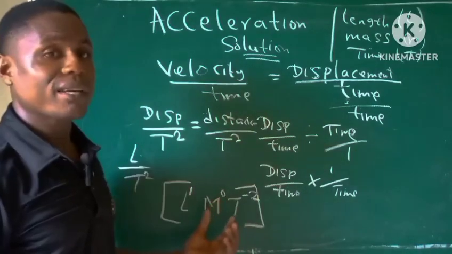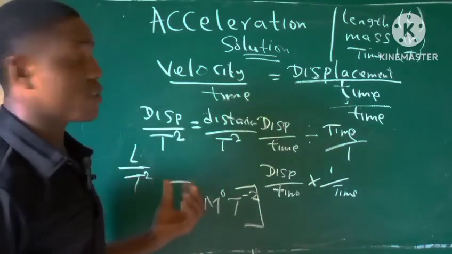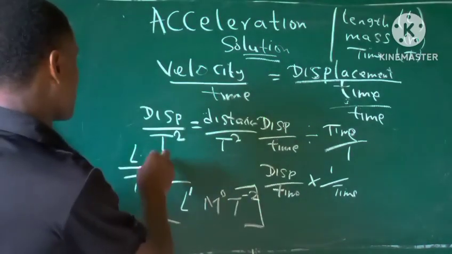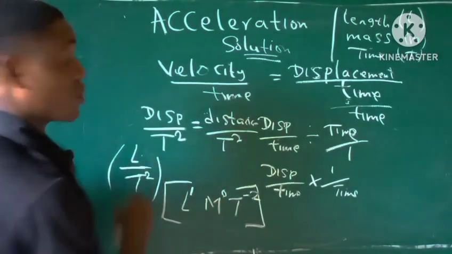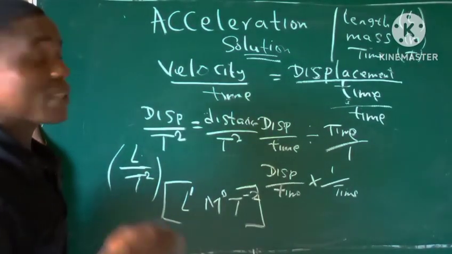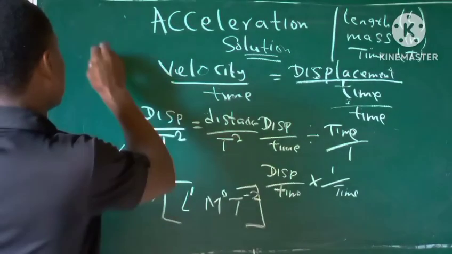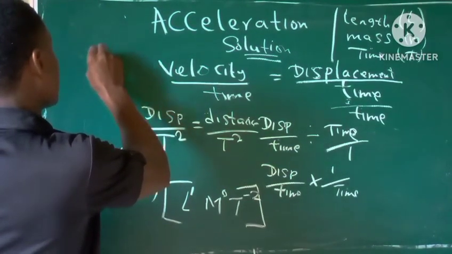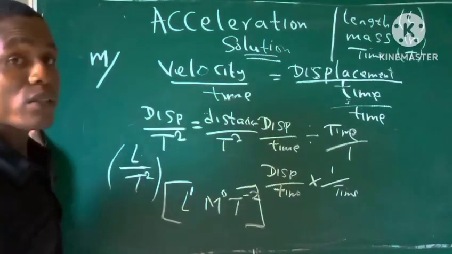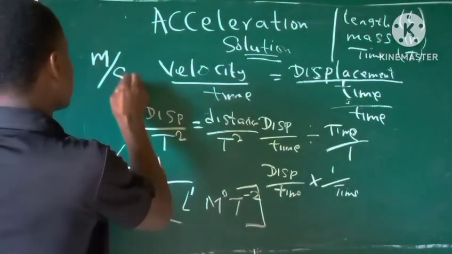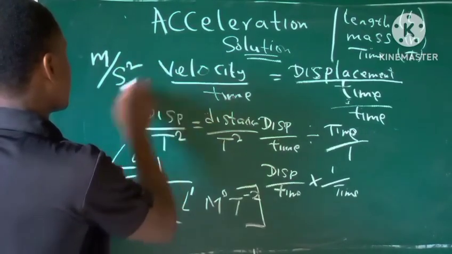So in case you are asked to write down the unit of acceleration, from this formula you can write it down. This is a symbol of length, right? So what is the unit of length? Length is measured in meter, all over the unit of time, which is second square.